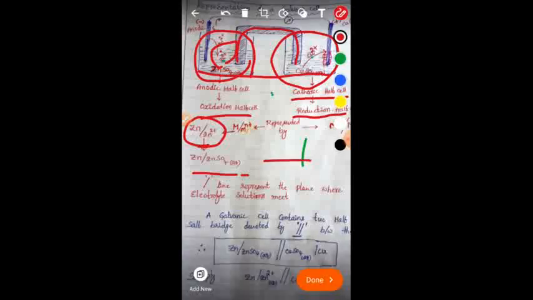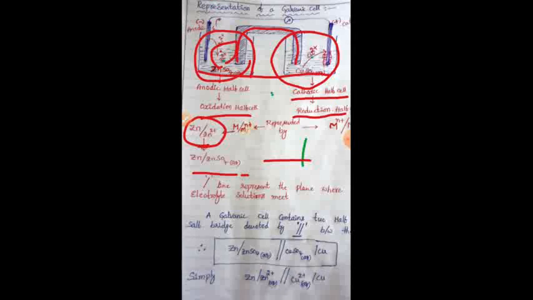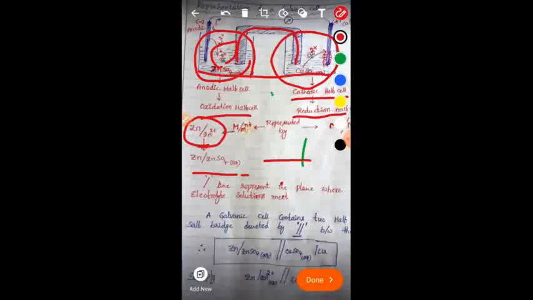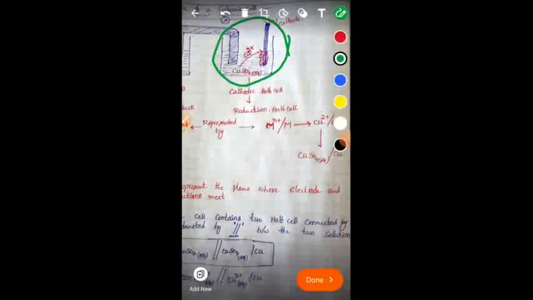Similarly, this is the reduction half cell. This right hand side half cell, the reduction half cell, is also known as the cathodic half cell. In the cathodic half cell, reduction takes place.